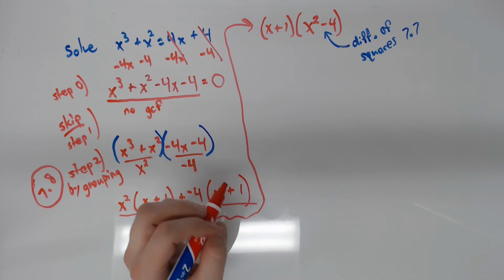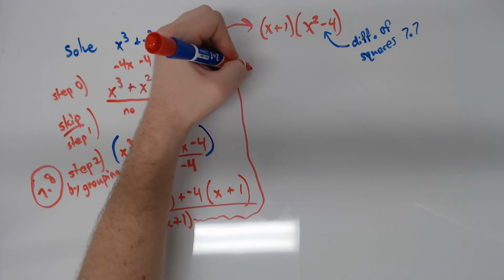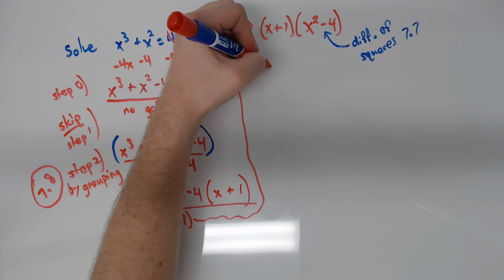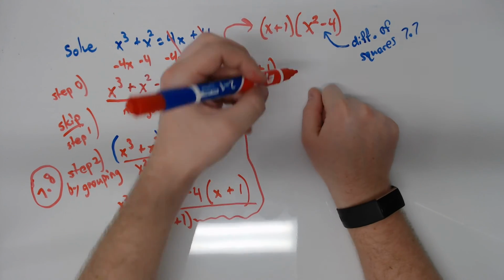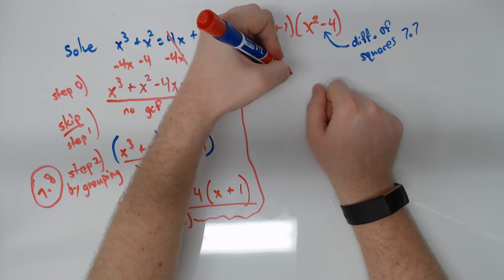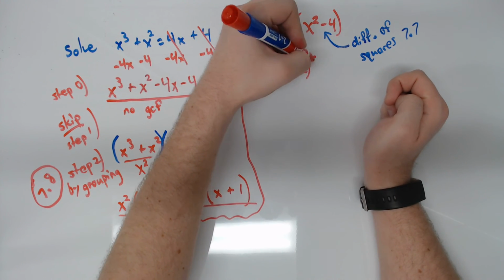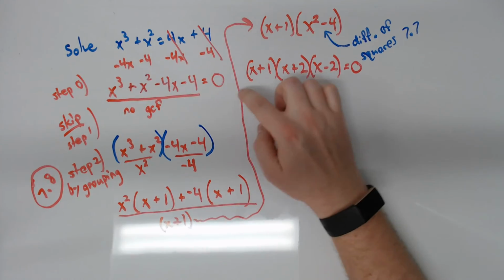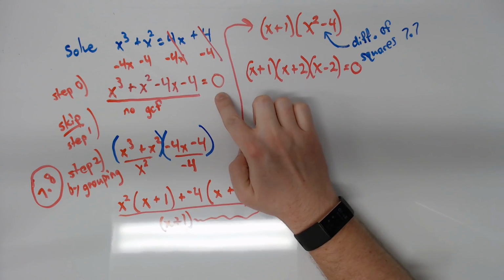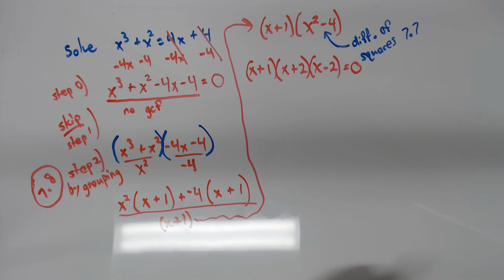The square root of 4 is 2. So I'm going to get my x plus 1 that was already there. And this, x squared minus 4, becomes x plus 2, x minus 2. And this whole factored form equals 0 because our original problem was an equation to solve. So remember, we got it to equal 0.